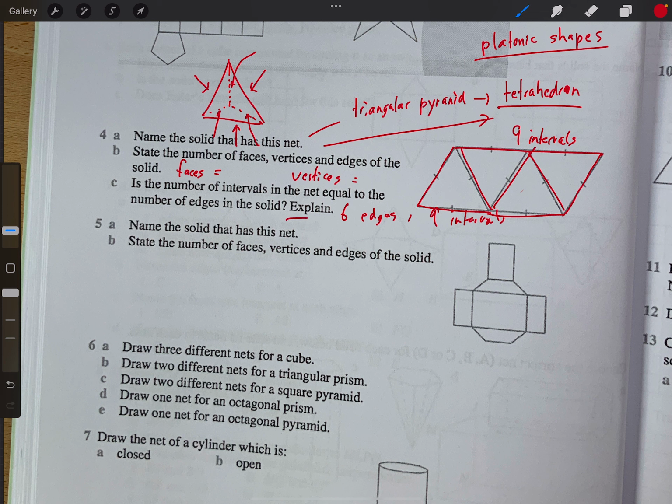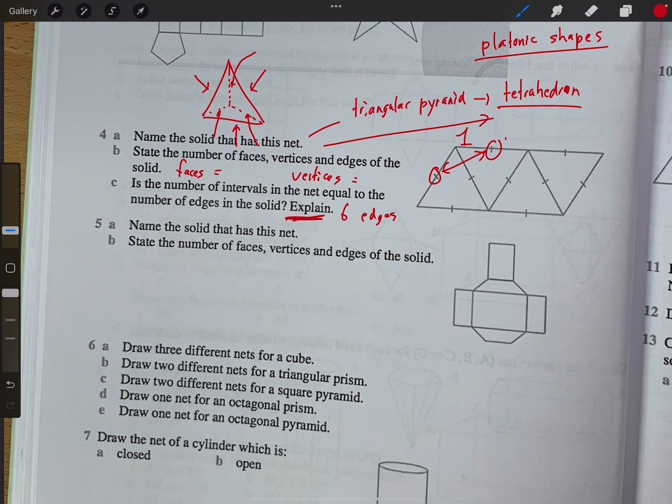And it says explain. The reason is because when we fold this shape to form the solid, for example, this interval here and, let's say, probably this one, they're going to join together to become one edge.